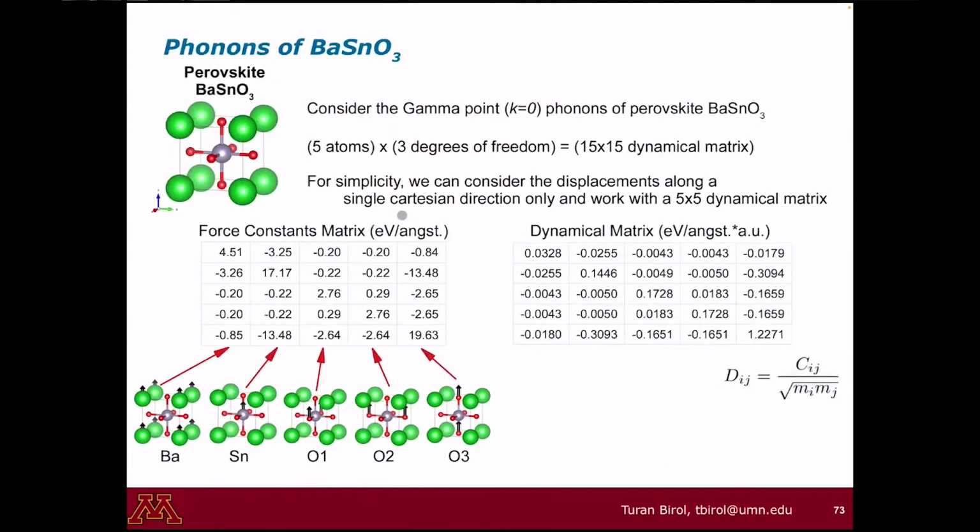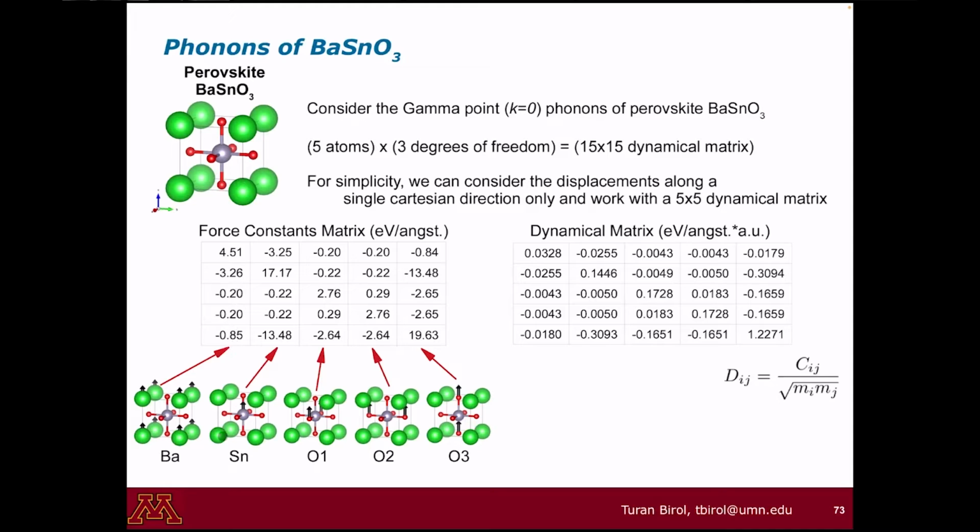Now, what you can do the brute force way is to displace each atom one by one along, let's say, the z-axis, that's what I have in the figures. When you displace the barium atom along the z-axis, you look at the force on every other atom, barium, tin, oxygen 1, oxygen 2, oxygen 3, and you write it down in the first column.